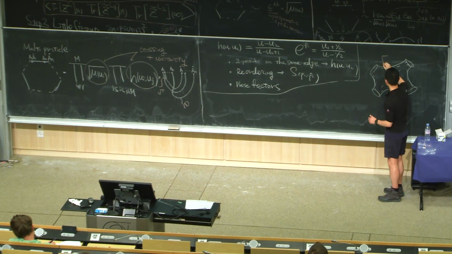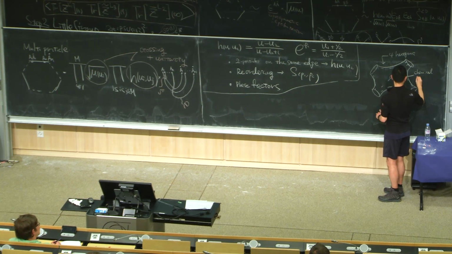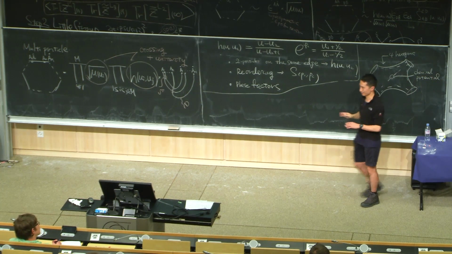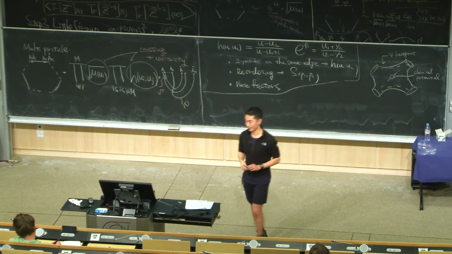And in this particular case, you have 4 hexagons. And we know that the 4-point function depends on the cross ratio, and the cross ratio actually turns out to be related to some chemical potential, which appears when you glue 2 hexagons together. So this was the most recent development.